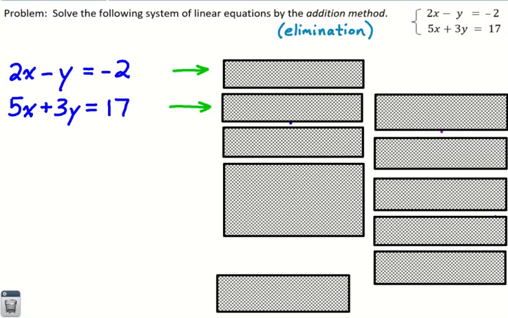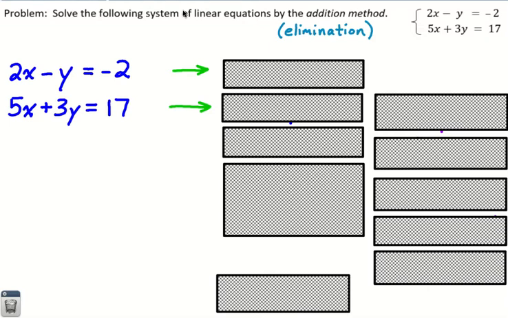Solve the following system of linear equations by the addition method, more commonly called the elimination method. I kind of like to refer to it as the addition method. Why? Because it involves the adding of the equations.